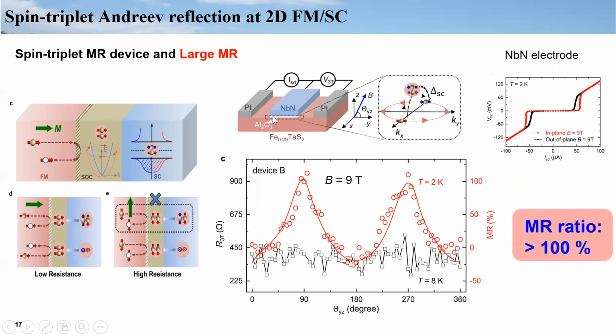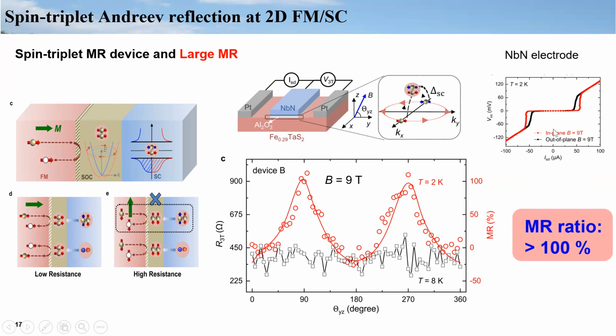Then we put the device into an external magnetic field of 9 Tesla. By rotating the device out of plane, we can measure the conductance at the interface at 90 degrees and 0 degrees, parallel or perpendicular to the surface, and the conductance will be different.